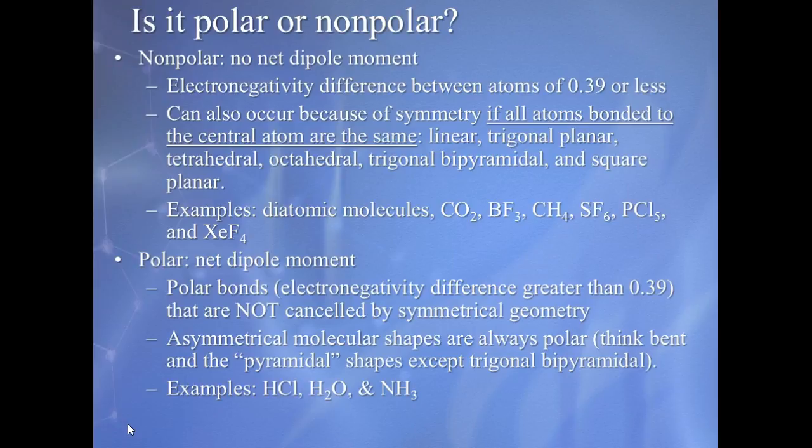Okay? So it is possible to have just a nonpolar molecule like the diatomic elements, completely nonpolar. But you could have something that has one of those six shapes: linear, trigonal planar, tetrahedral, octahedral, trigonal bipyramidal, and square planar. As long as all of the atoms bonded to the central atom are the same, then because of the geometry, it's a nonpolar molecule.